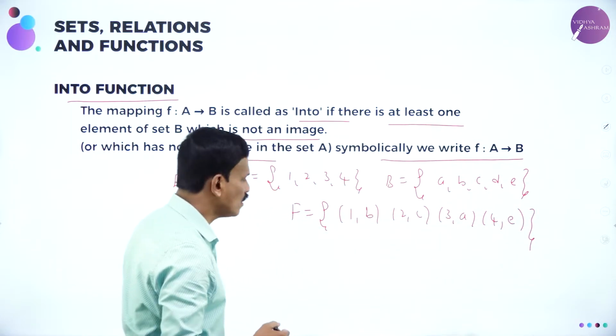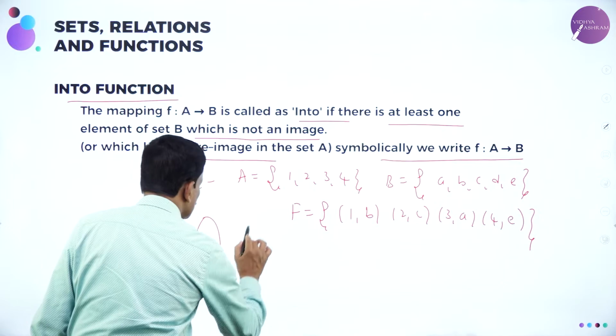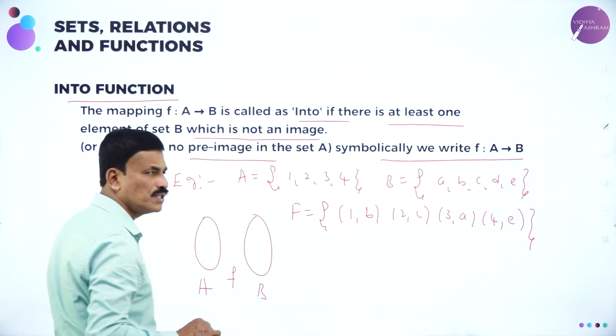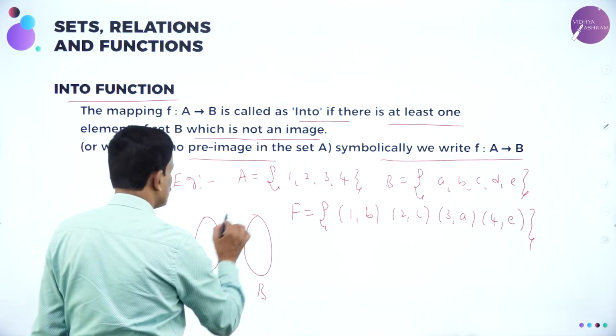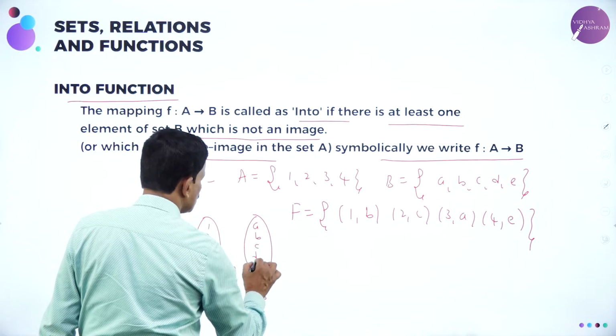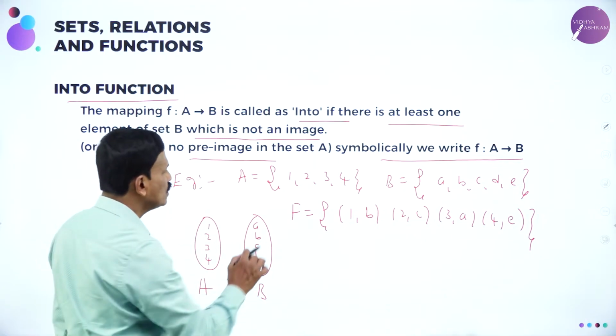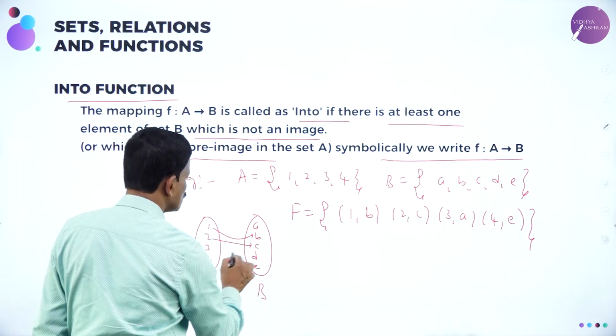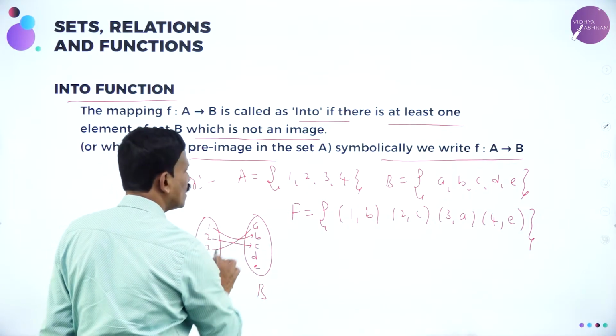Now let us write the mapping here. This is A and B. f from A to B is a function. Since what are the elements of A? A contains 1, 2, 3, 4. B contains A, B, C, D and E. What is the mapping given? 1 to B, 2 to C, 3 to A and 4 to E.